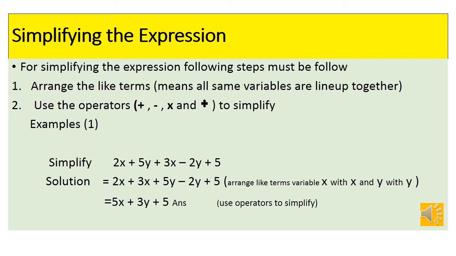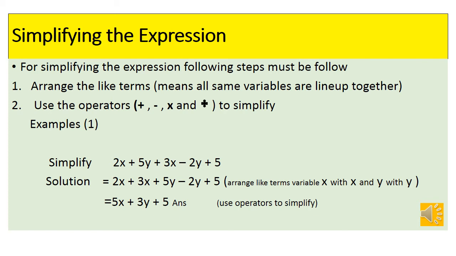Now 2x and 3x have a plus sign, so we add them together and get 5x. Now 5y and 2y have a subtract sign, so we subtract 2y from 5y and get 3y.